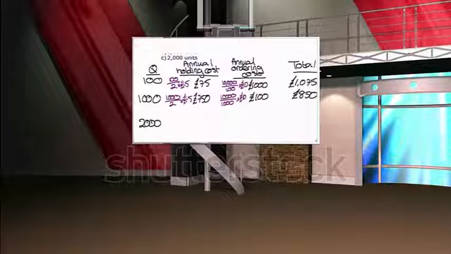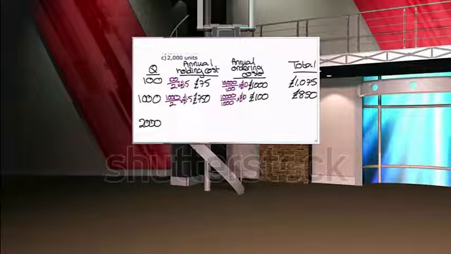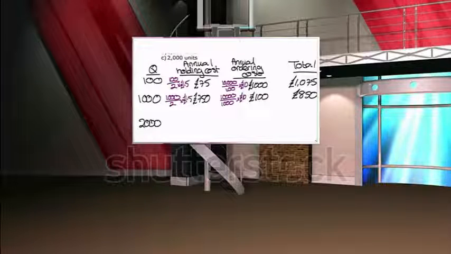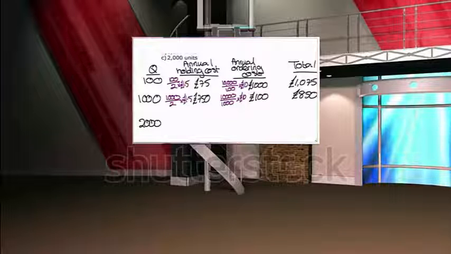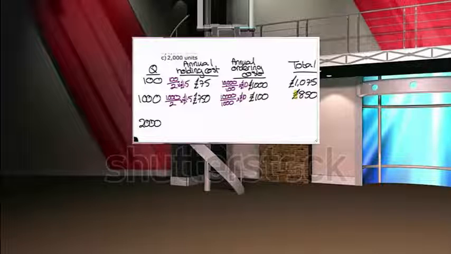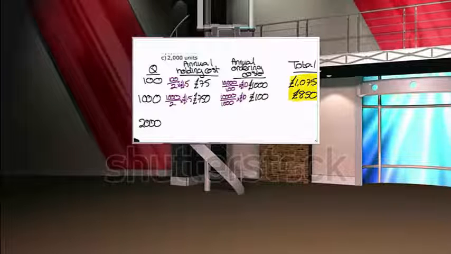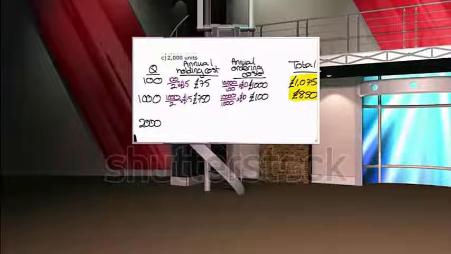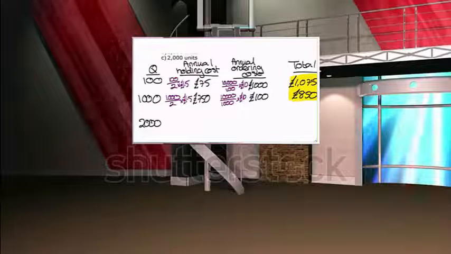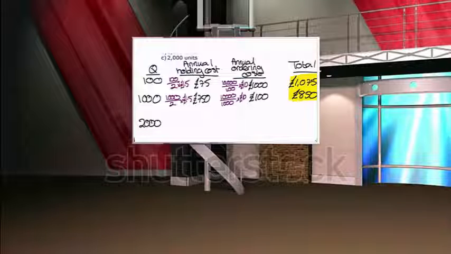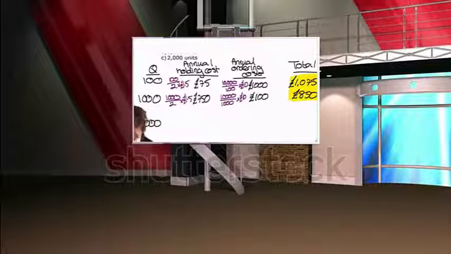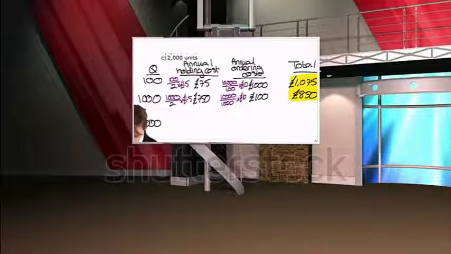So what does this tell us so far? Well, clearly for this company, economically, it makes more sense to order 1,000 units each time we place an order. If we order 1,000 units each time we place an order, then our annual holding and ordering costs will go down to 850. Let's have a look at our third order quantity, 2,000 units.